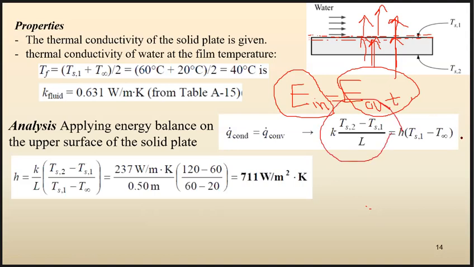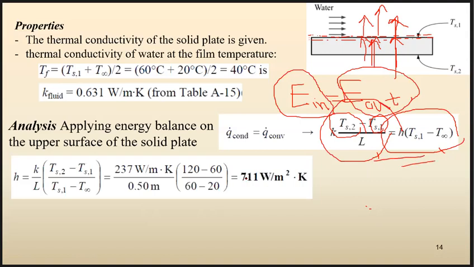The amount of energy leaving in the form of convection, its magnitude is this. So the magnitude of the conduction must be equal to the magnitude of the convection. That's why I put the higher temperature here and lower here. So you need to write Ts2 minus Ts1 divided by thickness. T of the surface is higher than T of the infinity, so you need to calculate a positive value here.